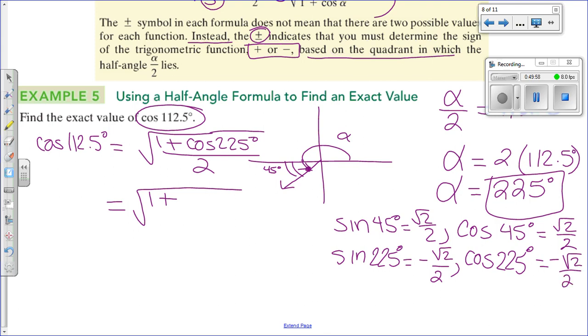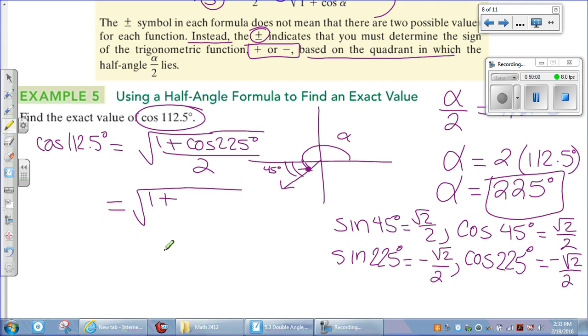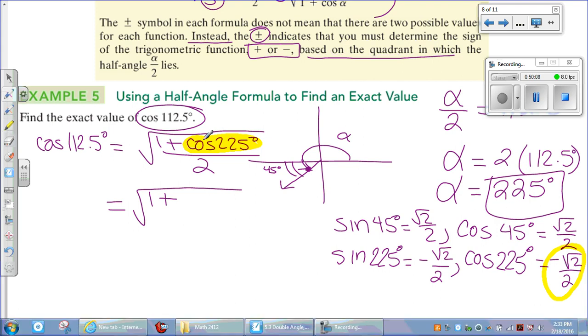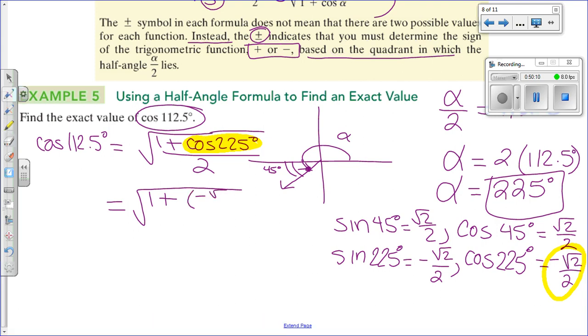Okay, so now what I'm going to do is substitute right here the cosine of 225 with this quantity, the negative square root of 2 over 2. And all of that, of course, is going to be divided by 2. Now we're talking about angle 112.5 degrees.